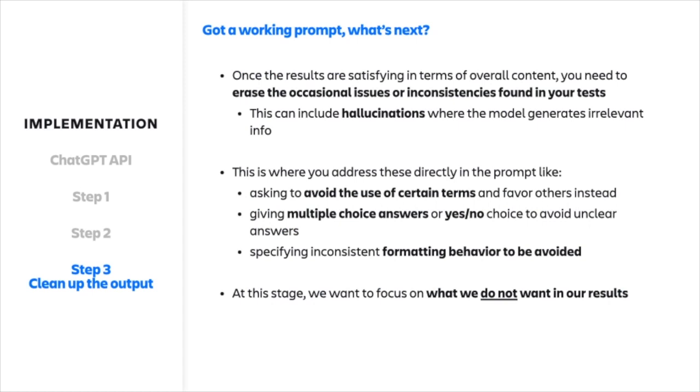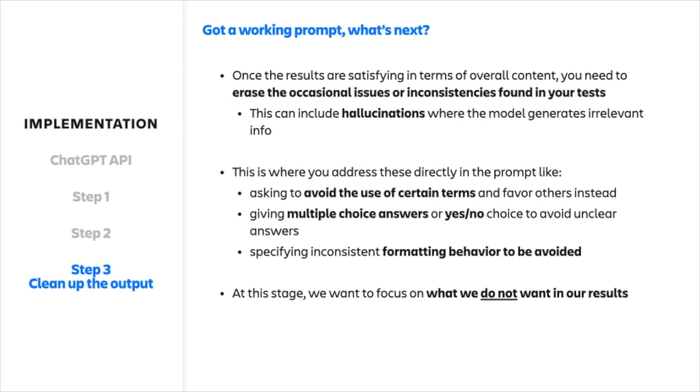So you have a working prompt. Now what? What's next? Once you have results that are satisfying, you need to erase the occasional issues that you may have. This could include, for example, hallucinations, where the model may just make things up or generate irrelevant information. It could include other inconsistencies.